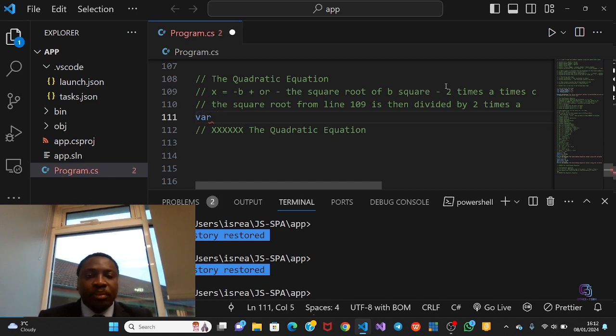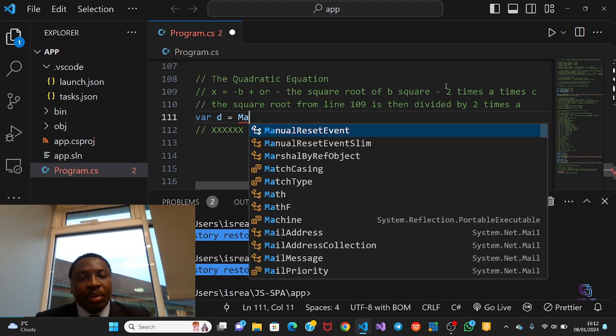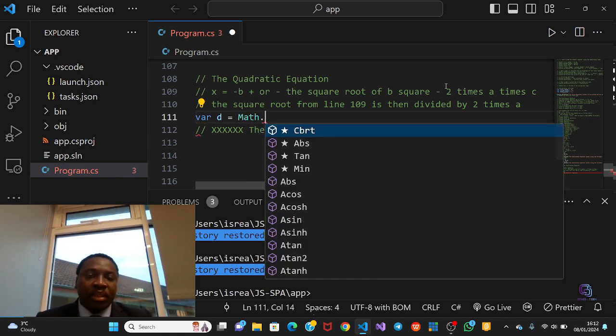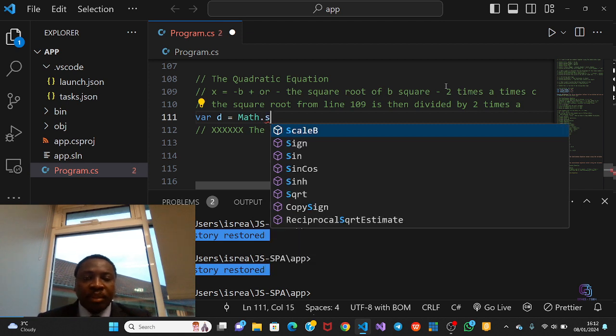Let's say variable d is the square root. To use square root in C sharp, you have to import the math library. So math dot square root.